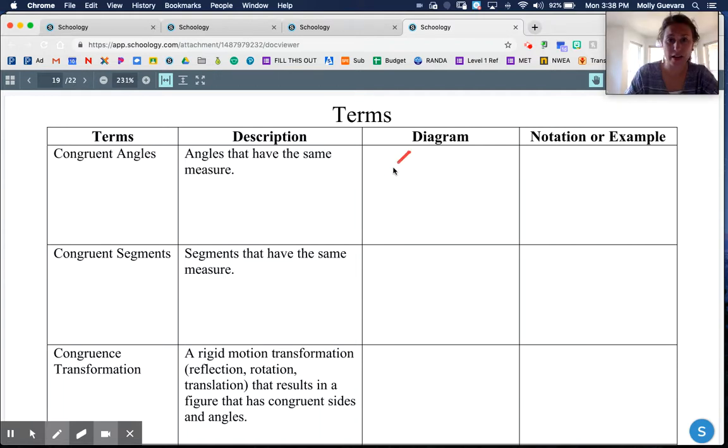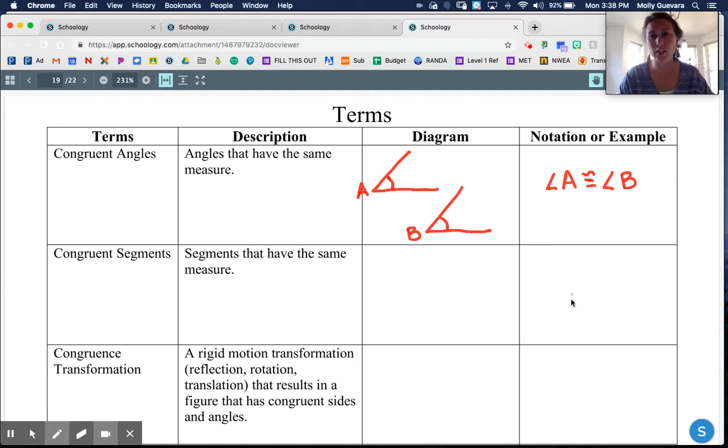So if I have this angle, let's call it A, and this angle, let's call it B, and these two angles are the same, and I know they're the same because I just drew those little arcs on them, then we can say that angle A is congruent. Remember, congruent is the equal sign with the squiggly above it. Angle B. So angle A is congruent to angle B.